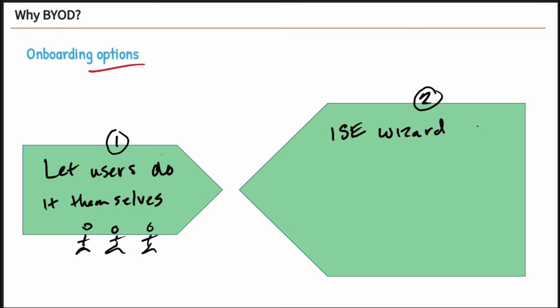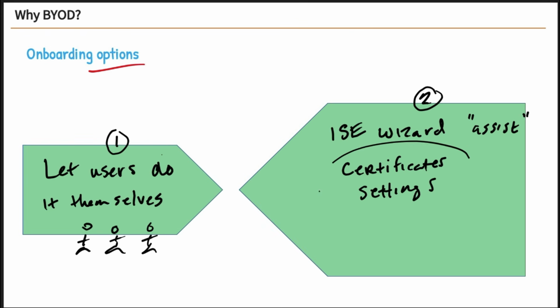This is going to basically assist our users with registering their devices, because there's lots of things that happen when a device is registered. For example, there are certificates involved, there are settings involved, of course, and we need all of these things, and there are several steps in here to happen.